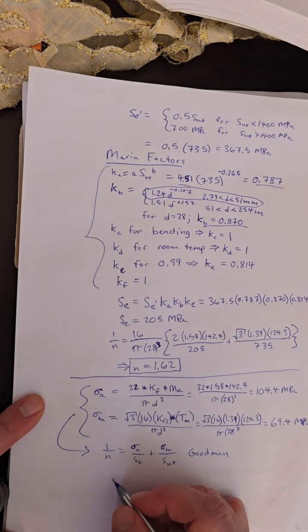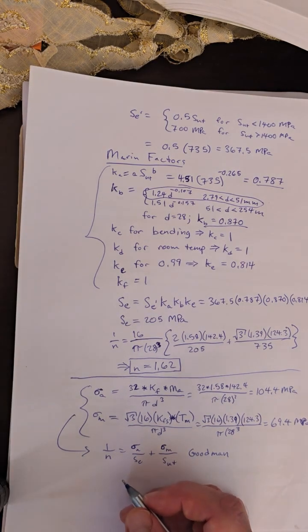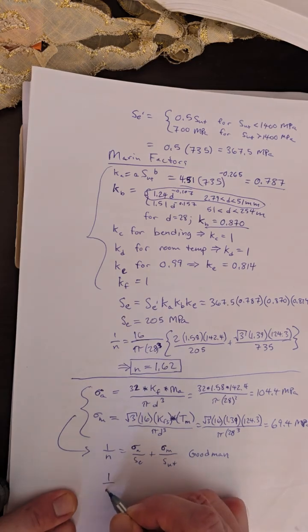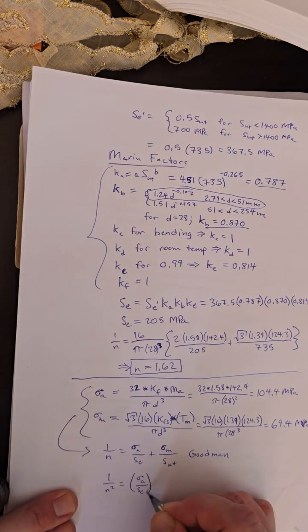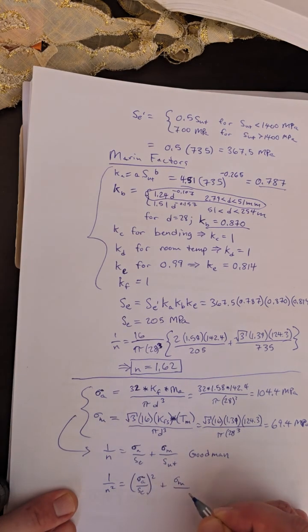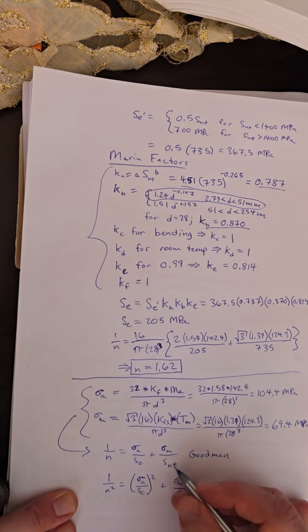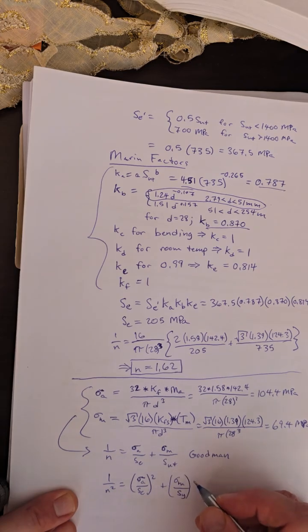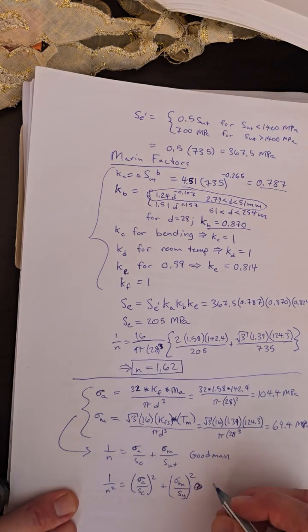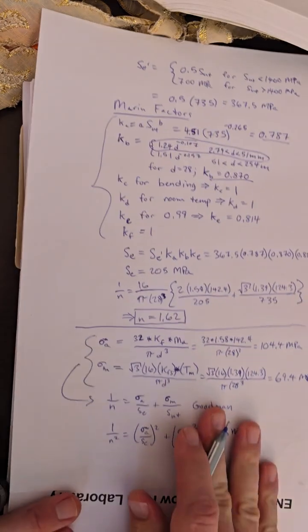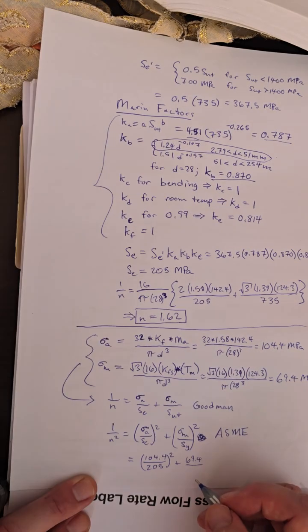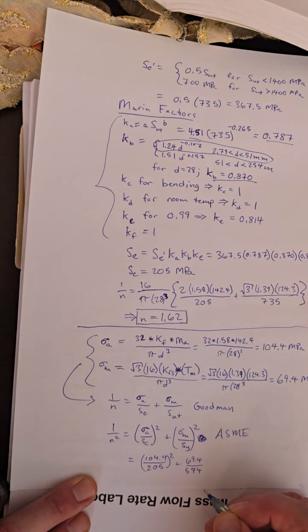Or for example, the ASME criteria, where 1 over n squared equals sigma A over the endurance limit, so the alternating stress over the endurance limit, plus sigma M over, instead of the ultimate tensile strength, the yield strength, squared. If we used this ASME equation and plugged the values in, we were given the yield strength in the problem of 574.